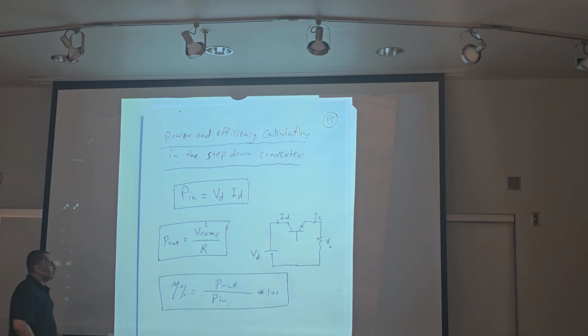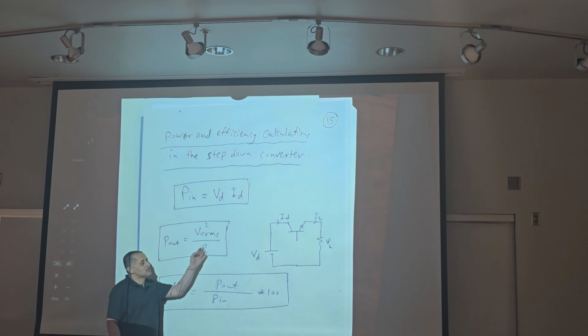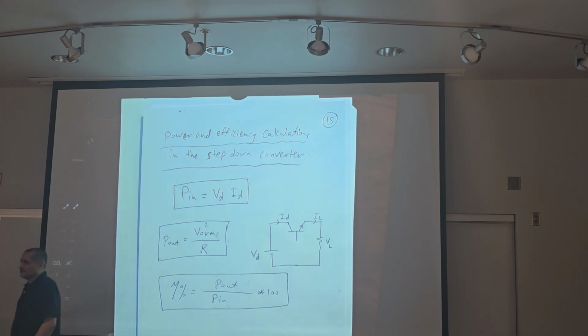I can't use V out DC here. Why RMS? Because that is what helps calculate your efficiency; we're calculating the output power. Yes, the efficiency depends on the RMS value, not on the DC.